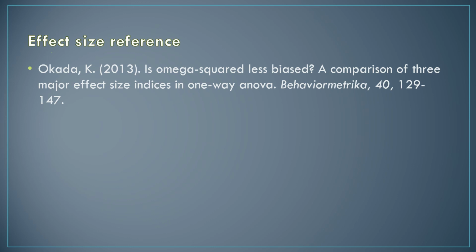Lastly, here is one of the most commonly used effect size references, especially when using one of the major three effect sizes for one-way ANOVA or really any ANOVA analysis.